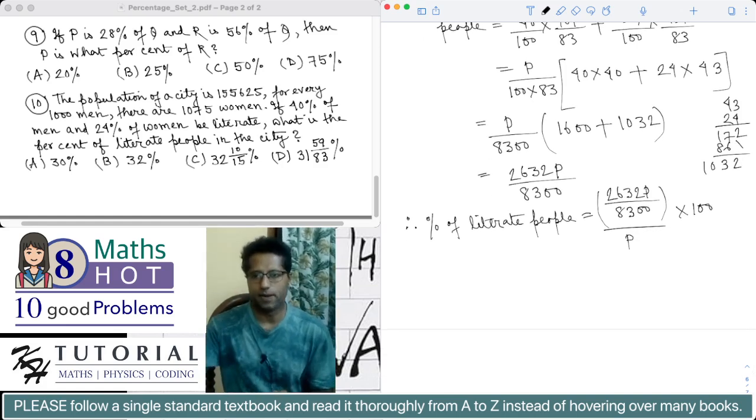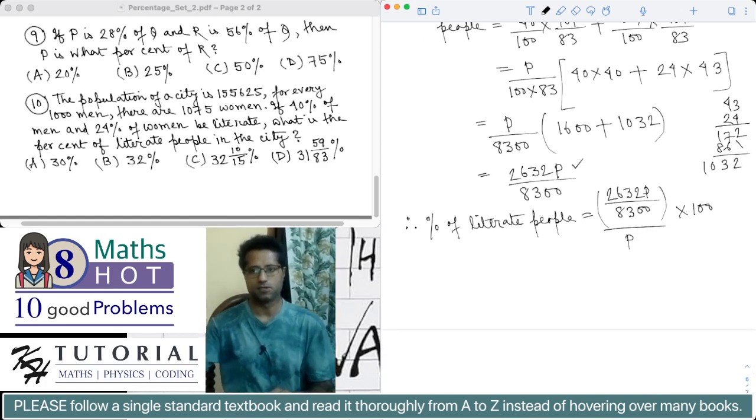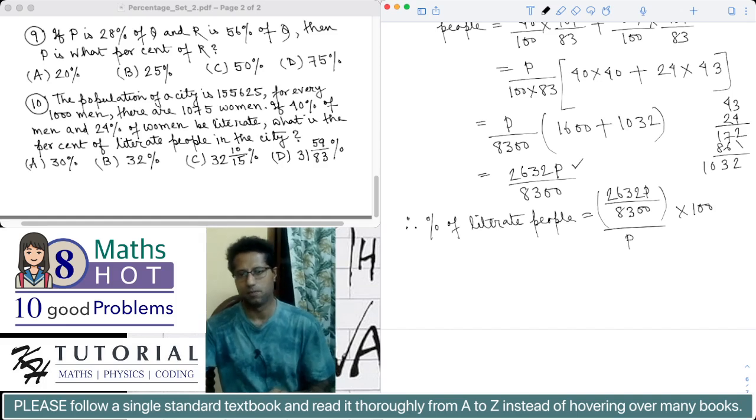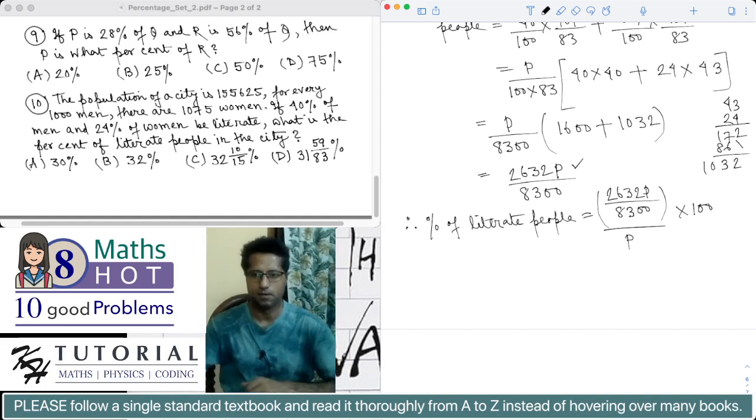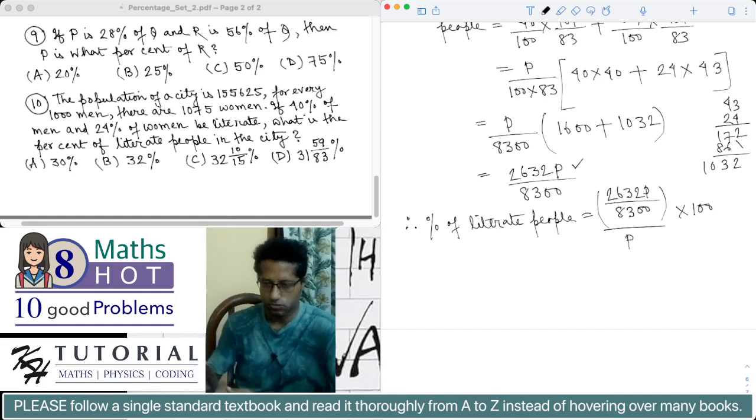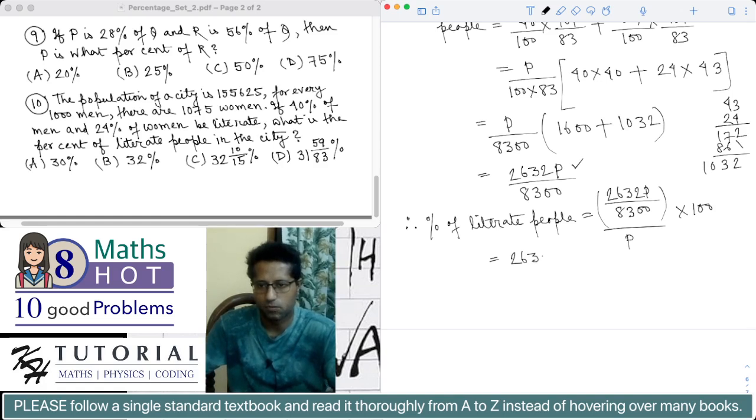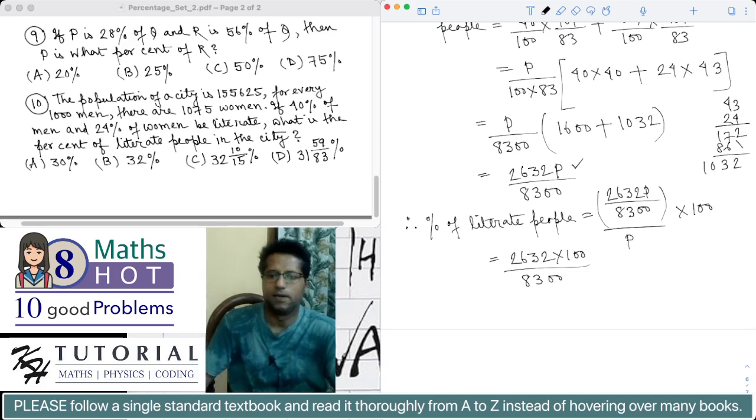So we have to find what percentage this is, that is 2632p by 83,000 of p, which is equal to 2632p by 83,000 divided by p multiplied by 100. So p cancels out and we get 2632 multiplied by 100 divided by 8300.